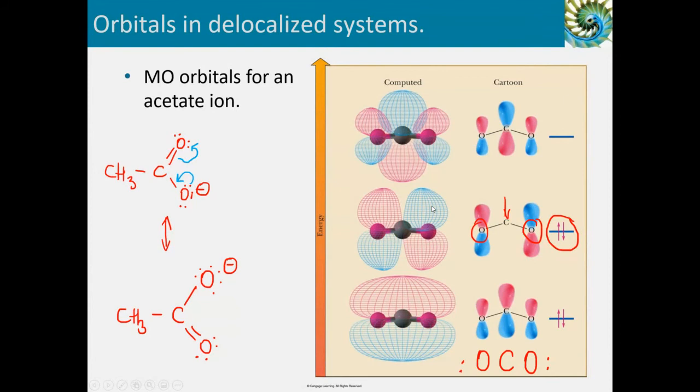For the middle structure, would that be the situation in which both oxygens have a negative formal charge because there's no p orbital to form a pi bond? Well, the idea is that, of course, this is just a theoretical situation where you have the negative charge localized on either one of the oxygens. In real life, it's a hybrid structure. So I agree that there will be a partial negative charge on each and every one of those oxygens.